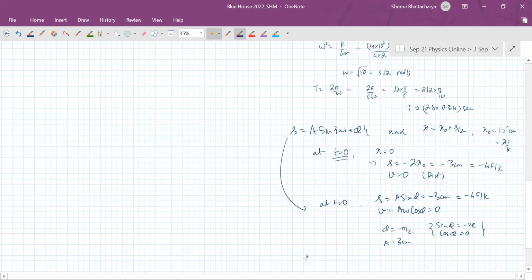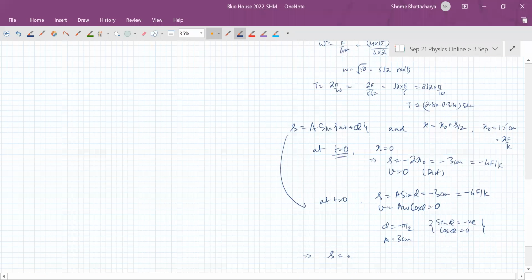So now we've got S as a function of time. If I write it parametrically, it is 4F by k into sine omega t minus pi by 2, which is basically minus 4F by k cos omega t.